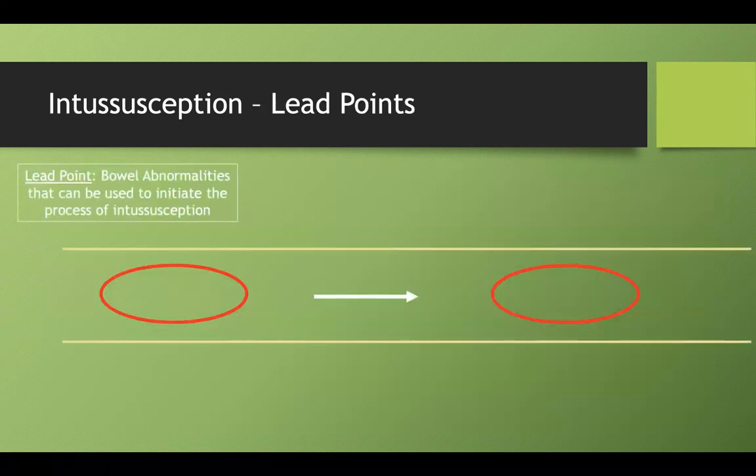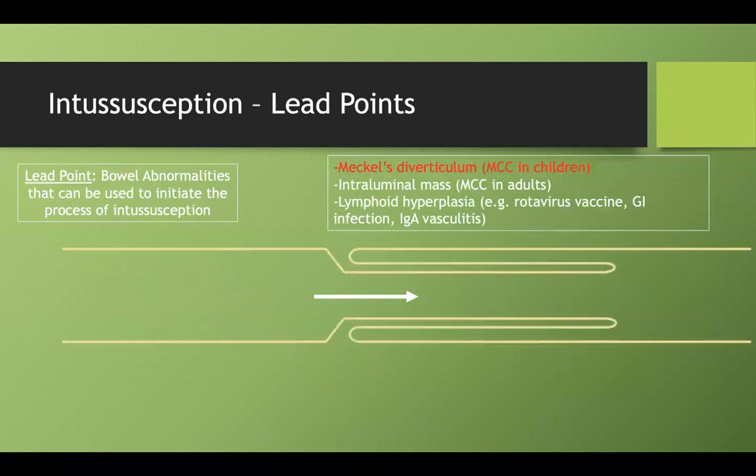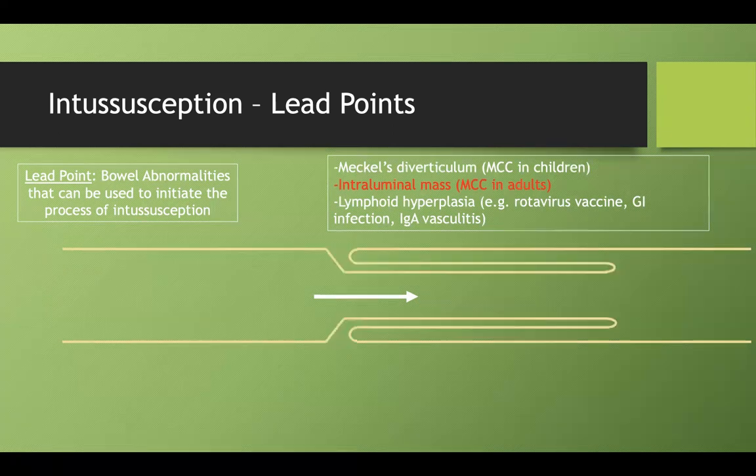So let's talk a little bit about the lead points. We talked about Meckel's earlier, where if you have this vitelline duct persistence, that can act as a lead point and cause intussusception. Imagine if you have a mass here that basically gives you a lead point where the bowel can start to focus in and move toward it.